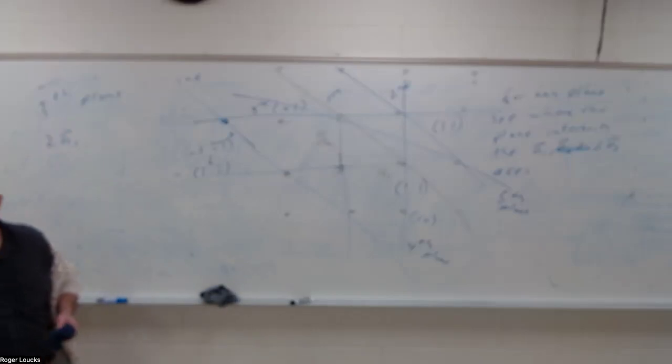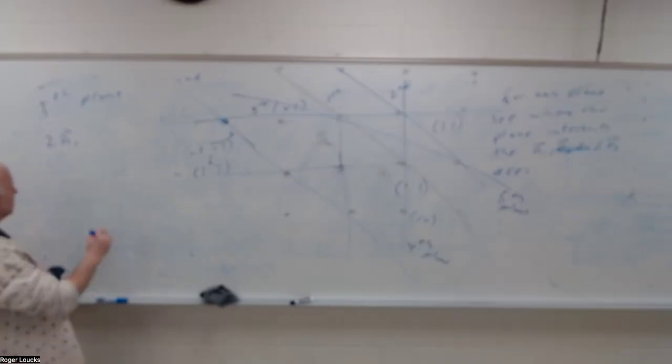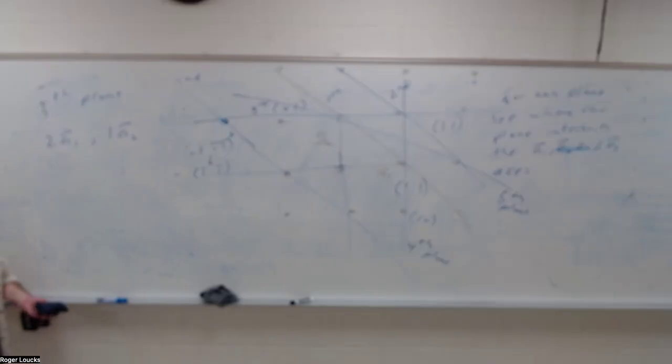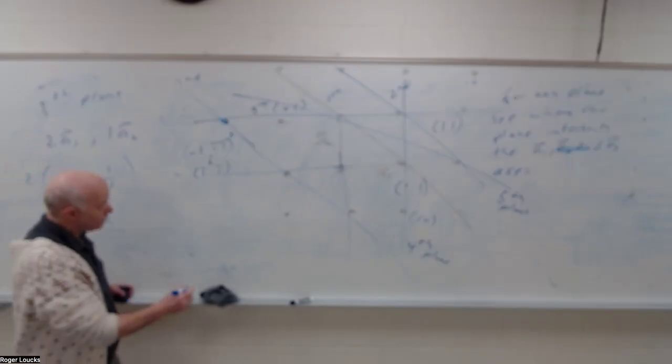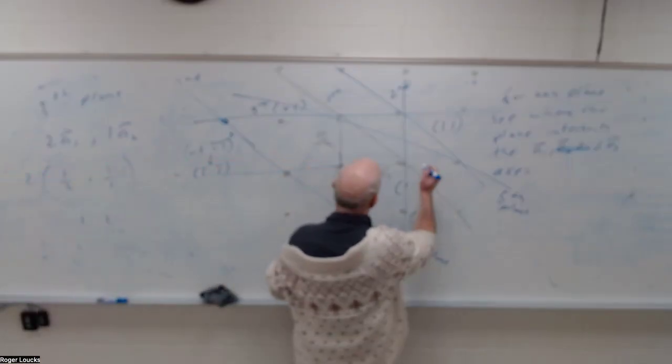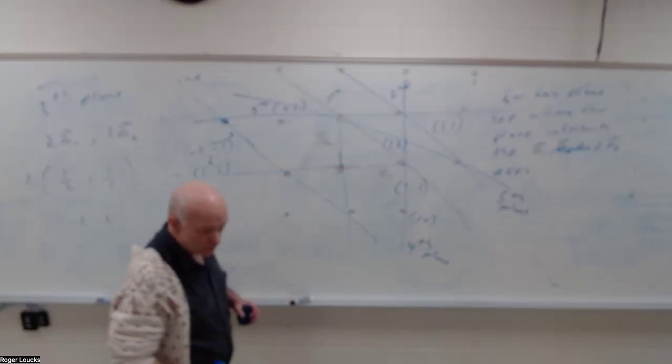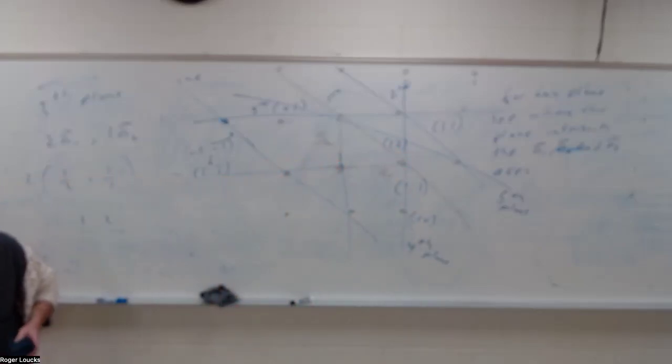Where does it intersect A2? At 1 A2. What's your little recipe? You take the reciprocal of the coefficients. Then we multiply by the smallest integer that gives us integers, which has to be 2. So this is 1, 2. So this is the (1 2) plane. That makes sense.